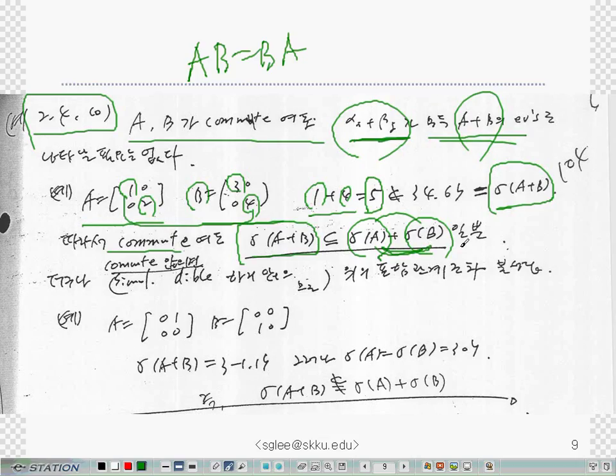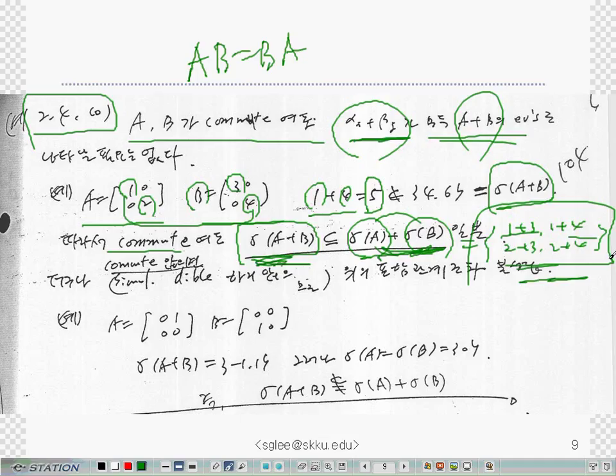This set has 1 plus 3 and 1 plus 4, and 2 plus 3 and 2 plus 4. These are 2 by 2 matrices, but this set has 4 entries, while here we have only 2 entries. Anyway, this is one fact that you should know.